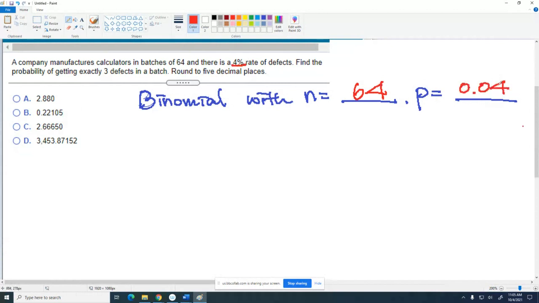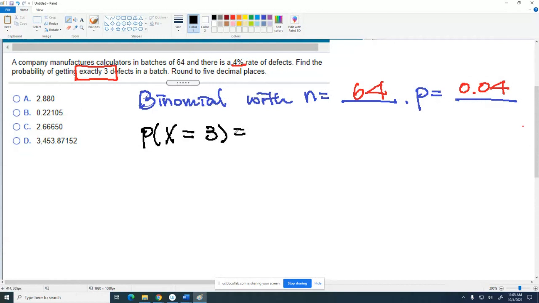You know, the defective is not a success, but as I told you, we have only 2 outcomes. The target of interest, that is a success. The number of defectives is 4%, it's 0.04. And the question is, what is the probability? In this case, the random variable x is the number of defectives. It's exactly 3.